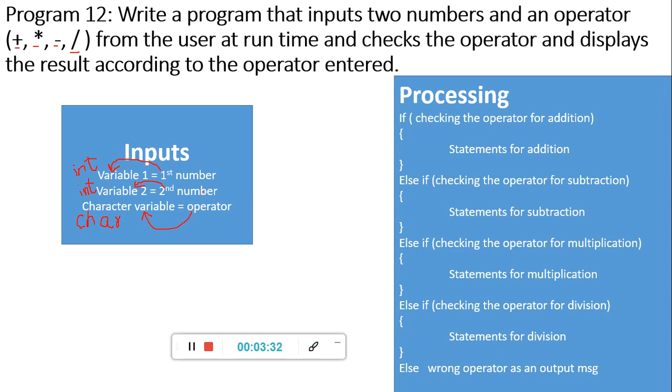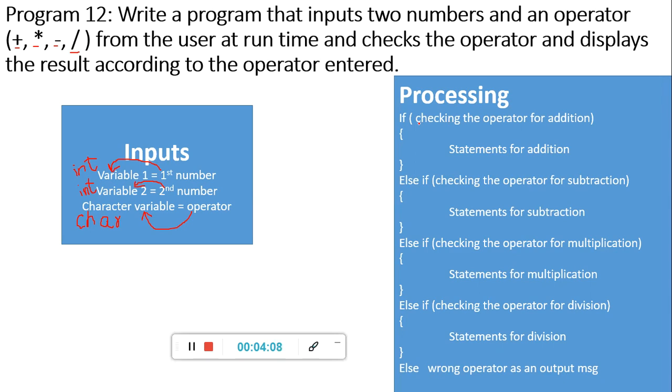Now how will the process be done? After getting the inputs from the user, our main checking will start. We will check the operator, what operator is entered by the user. So in the if condition, in the parentheses, we will check for the addition sign, the plus sign.